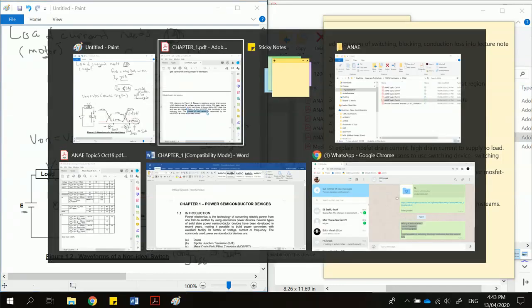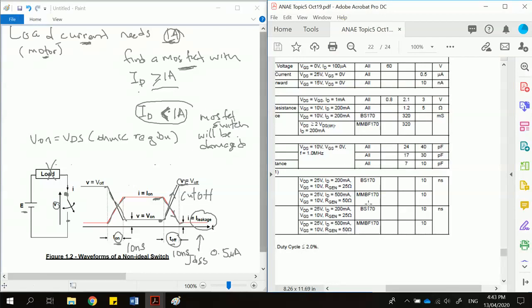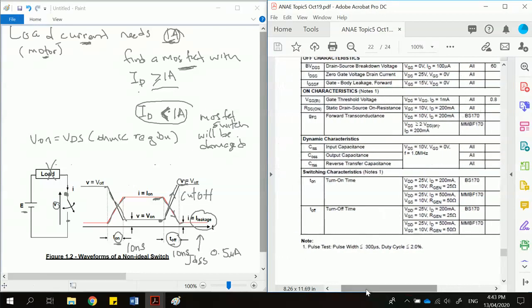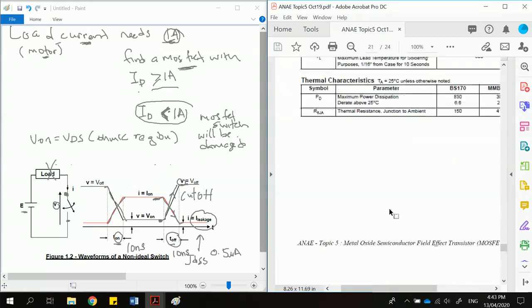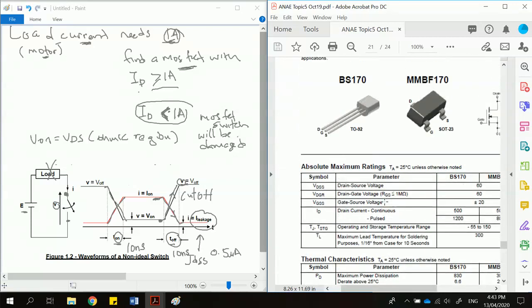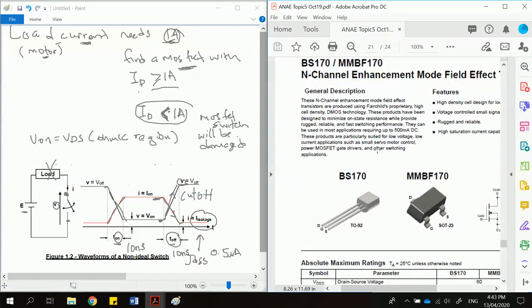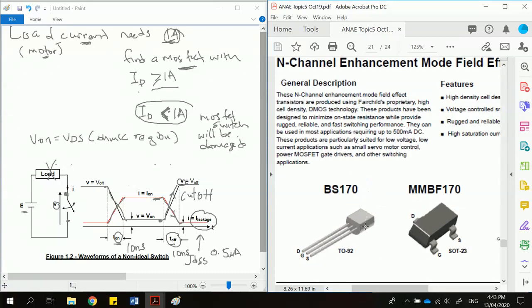Let us go into the datasheet to look for this drain current. This is the MOSFET that we have seen. The drain current usually is stated at a few places. One place is over here at the description.